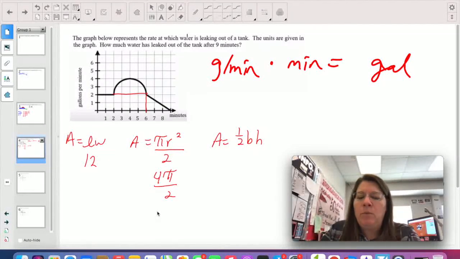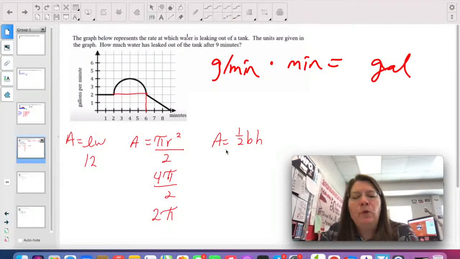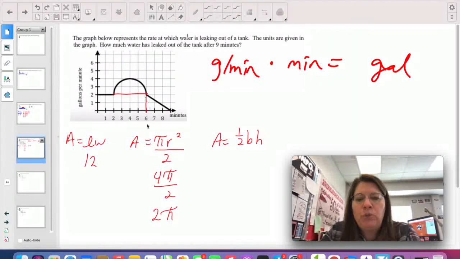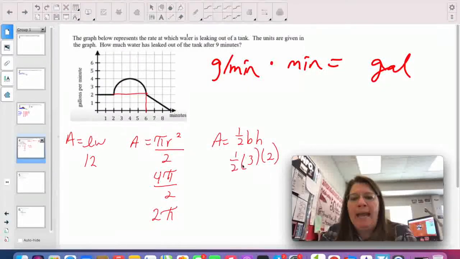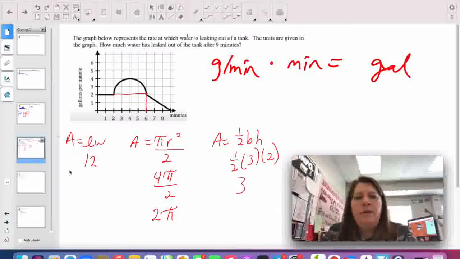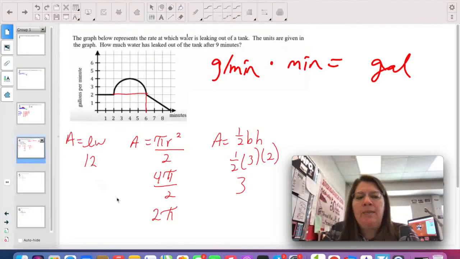So the area there would be 2 pi. Then my area for my triangle, the base is 3, the height is 2. So if I have area is 1/2 base times height, I would have 1/2 times 3 times 2, which would give me 3.